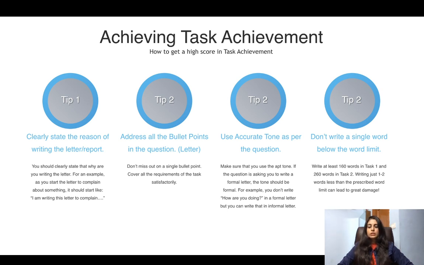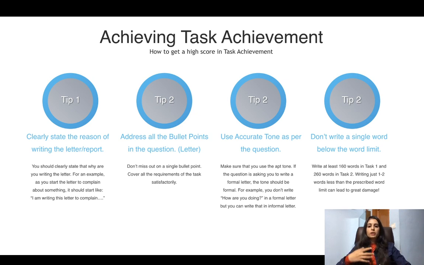So tip 1 is to clearly state the purpose of writing the letter or report. Why are you writing the letter? The why has to be clearly stated. Whenever you're writing a letter to someone, you can't keep beating about the bush. In the very first sentence of your letter, you should make it clear why you have written the letter.